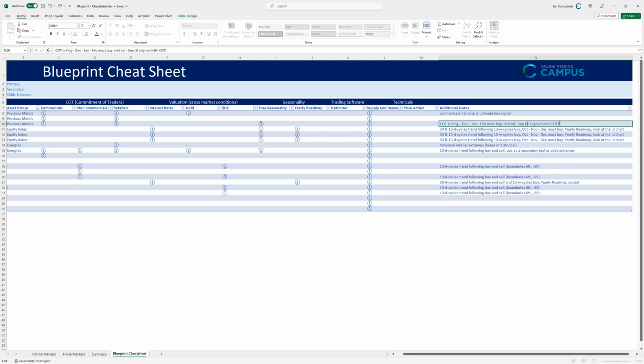And of course, we are looking for the alignment of the COT here as well. That's clear, right? COT is king.